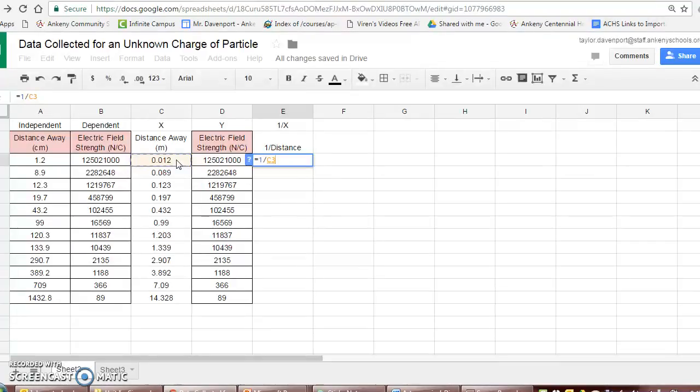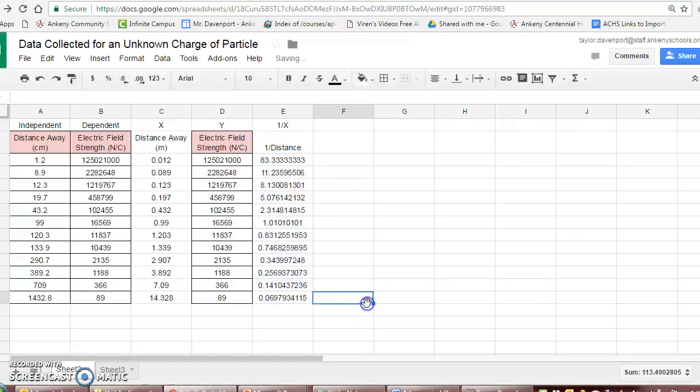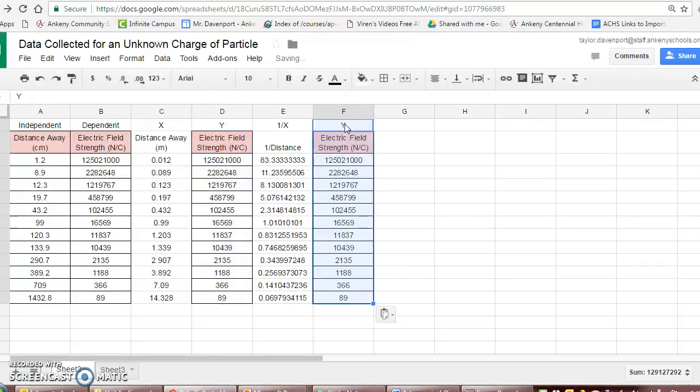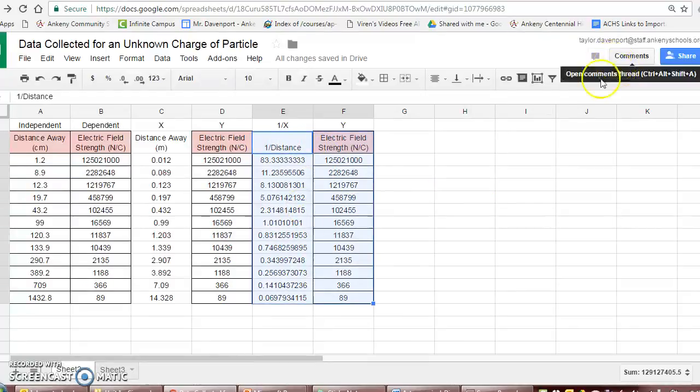So just 1 divided by the box that I'm clicking in for the previous graph. And then I hit enter again, it calculates for me. I can again drag down and copy the formatting over. And then once again, I'm going to copy my Y column. And then I can try to insert my graph here.